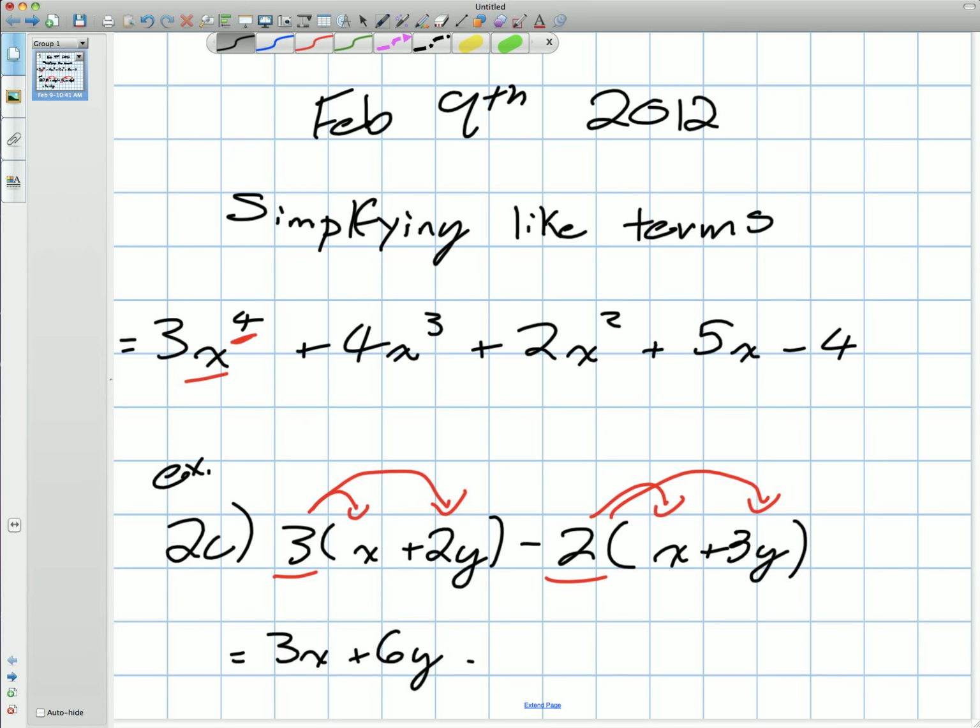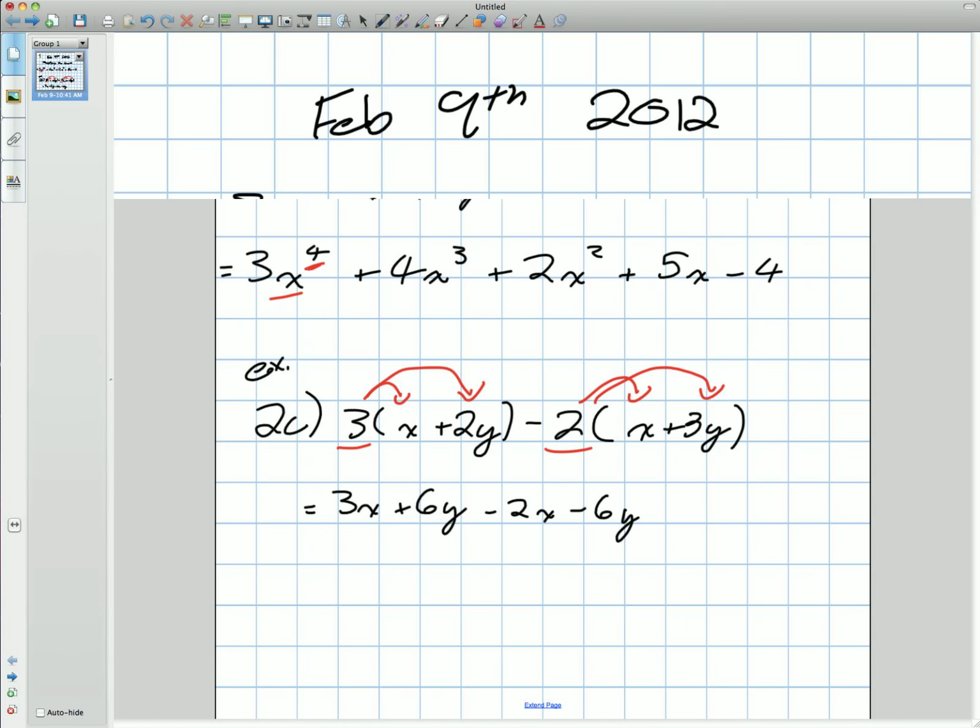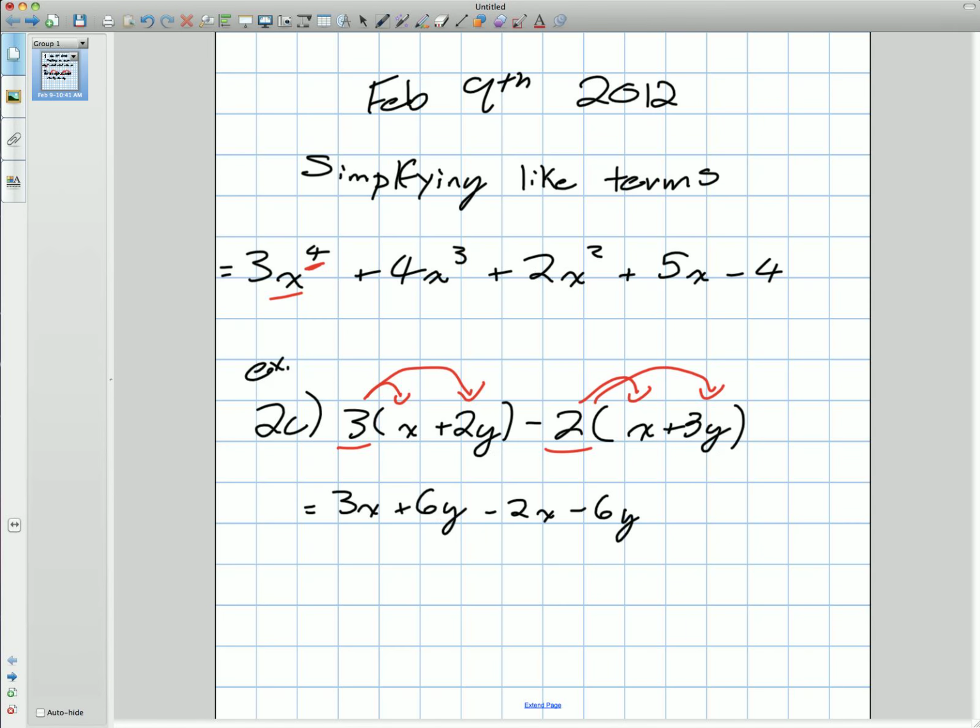Negative 2 times positive 3y? Negative 6y. Now when we take a look at these, what are my like terms? I have 3x and negative 2x, and I have 6y and negative 6y. What will happen with the 6y's? They're going to cancel each other out. And 3x minus 2x? So our answer is just x for 2c.